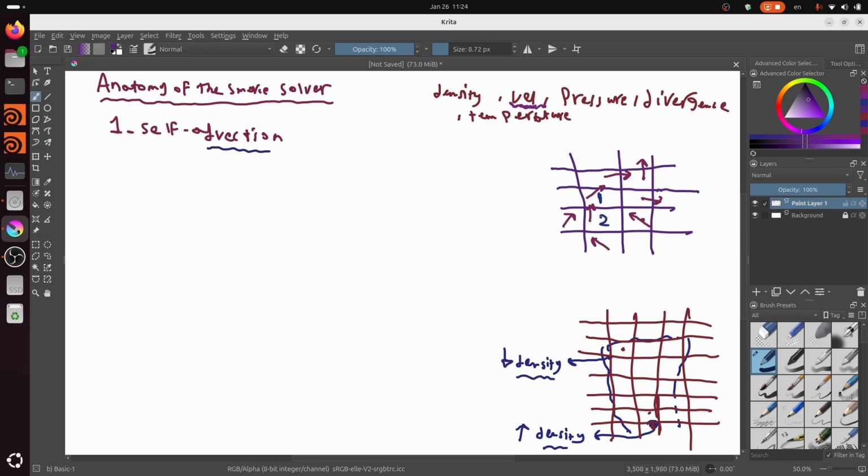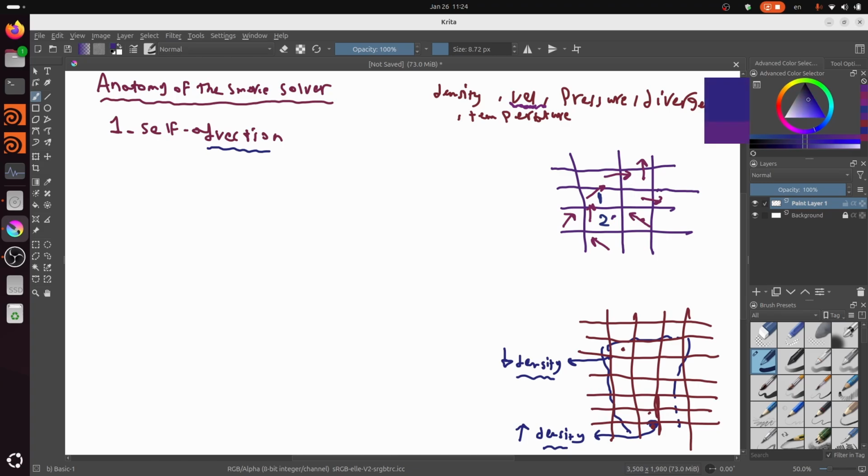We want to move this density. So here at this voxel, this 2 should move upward like this. So this is the meaning of advection. We are moving the values according to our velocity field. So for example, the density value here should move here.